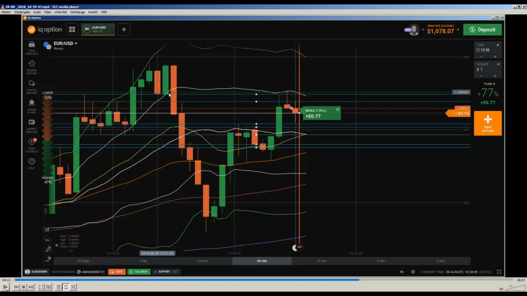But it is still often better to miss a trade instead of entering too early and then getting out of the money.